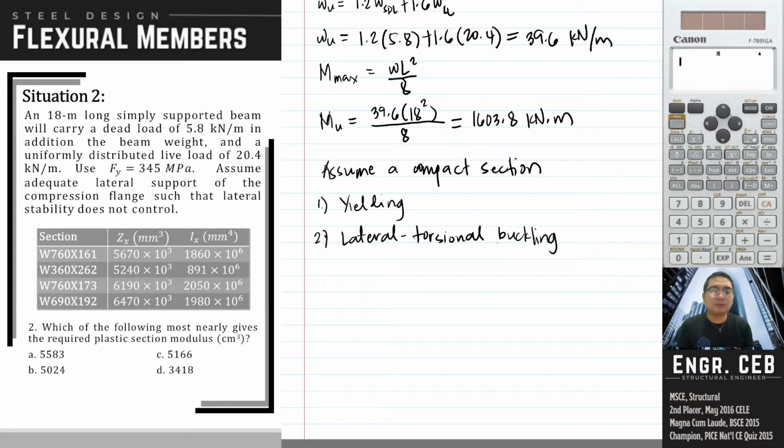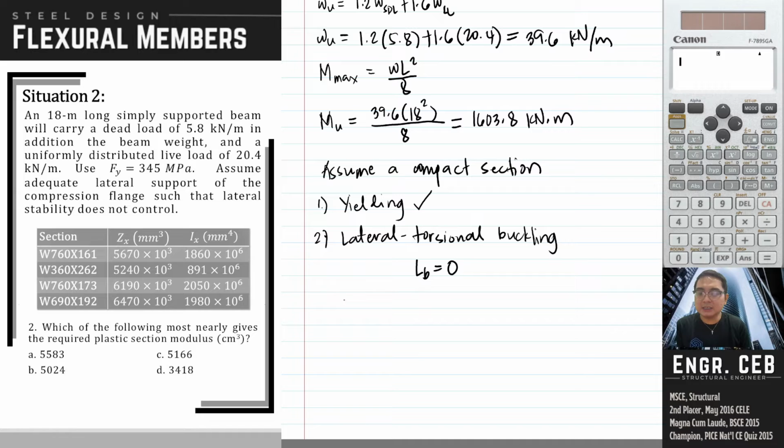But according to the problem, we need also to assume that we have adequate lateral support such that lateral stability does not control. So if we have adequate lateral support such that lateral torsional buckling will not occur, it means that the unbraced length is 0. Therefore, we will no longer need to check for lateral torsional buckling and we are only left with yielding.